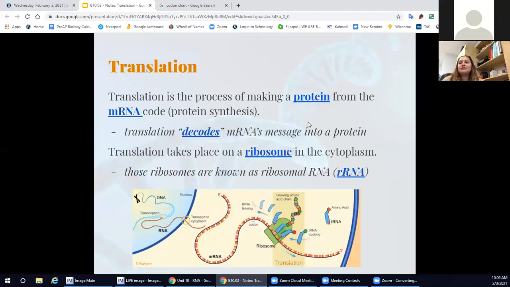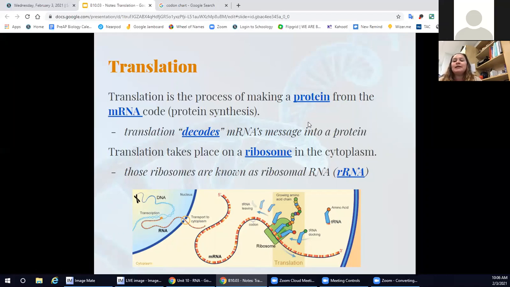Translation is the process of making a protein from the mRNA code, which again, protein synthesis, that's what it makes, making protein. So translation decodes mRNA's message into a protein. So we're going to learn how to take 3 digits and make them into an amino acid to make them into a protein.